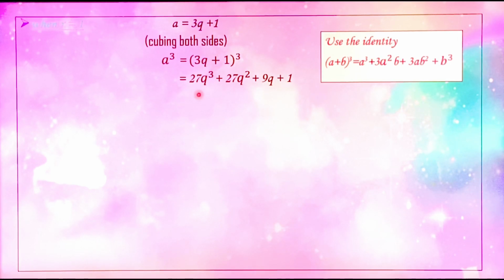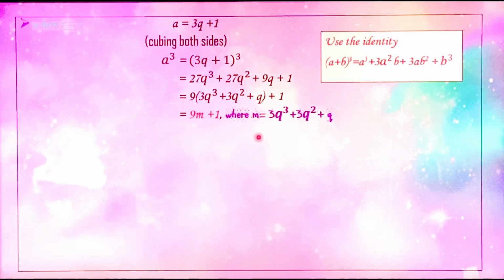Taking 9 from the first three terms, we get a cube equals 9 into (3q cube plus 3q square plus q) plus 1, which is equal to 9m plus 1, where m is equal to 3q cube plus 3q square plus q.